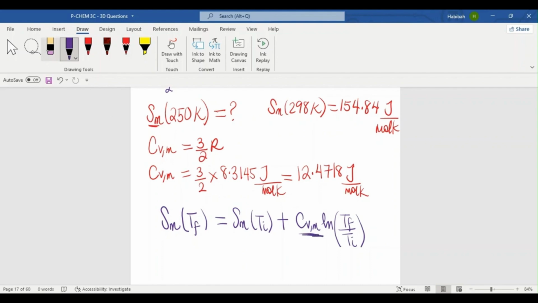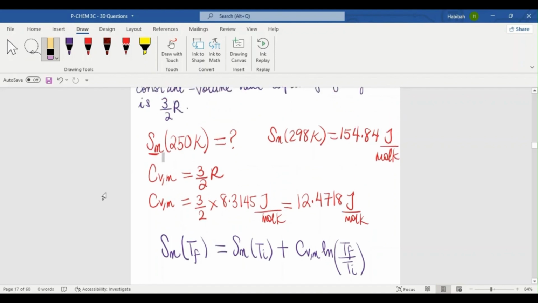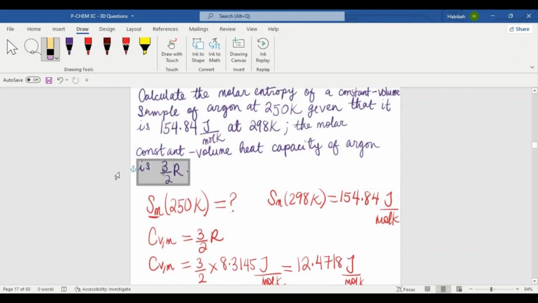If you're dealing with a constant pressure process, you're going to have CP,M. So keep in mind that you can have a question where you're dealing with CP,M because it's a constant pressure problem. But here we have CV,M. So just know that the formula can be used either way.